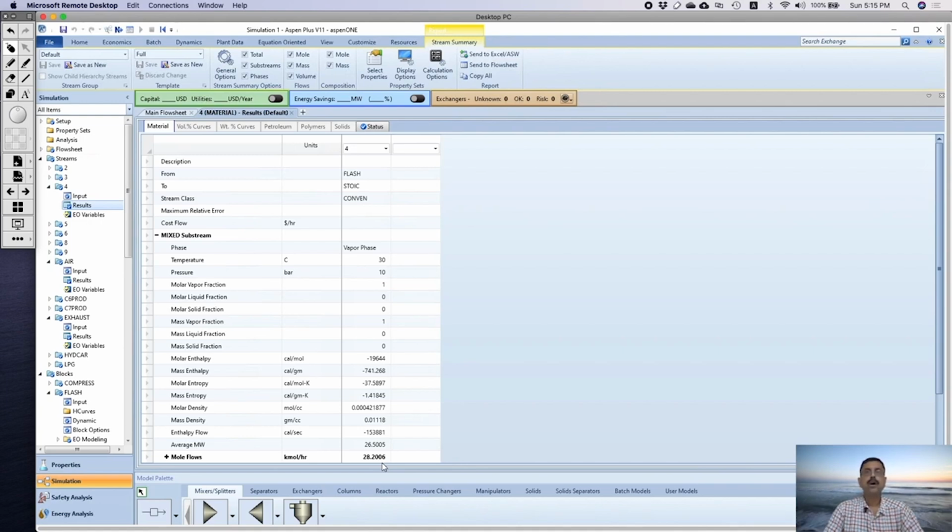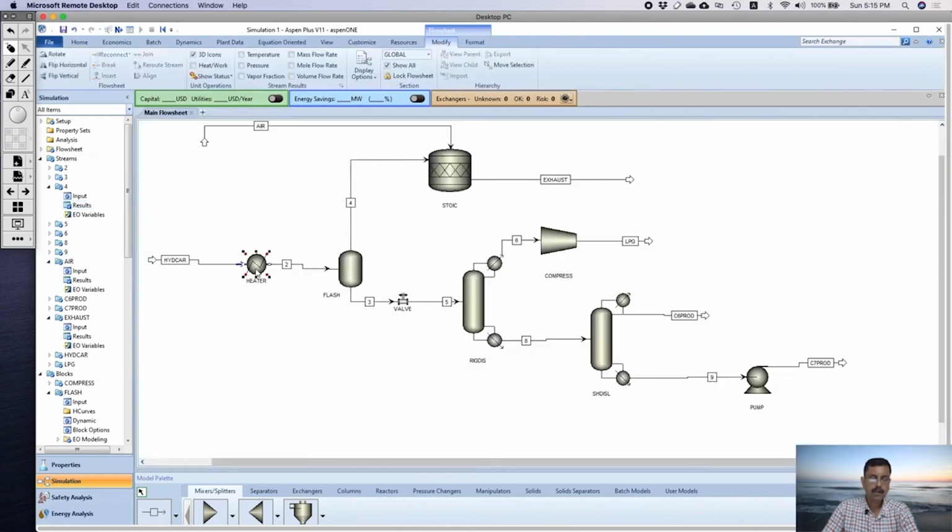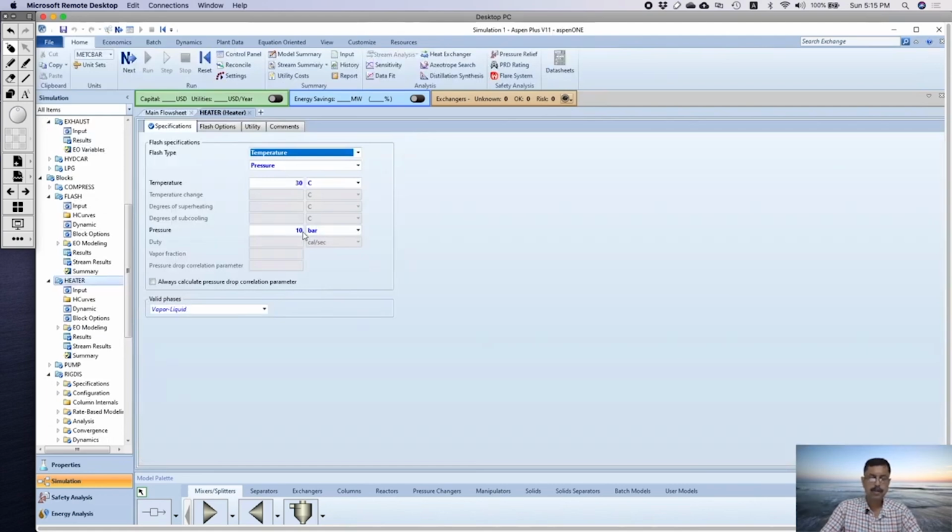Earlier it was 30 point something, now it is 28 point something. So this is the effect of reduction of heater temperature. Now let us go back to our old setting, that is 40 degrees centigrade, and rerun the simulation.